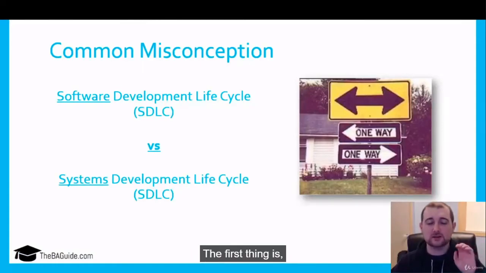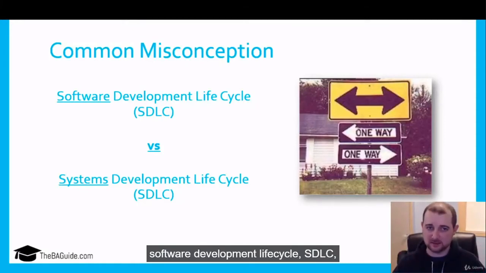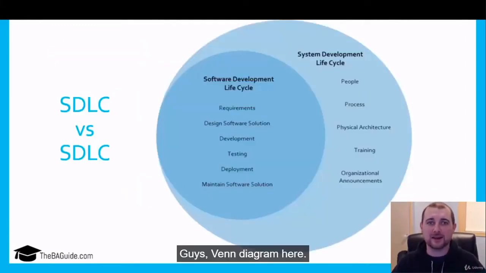The first thing is there's a very common misconception, and rightfully so. There's a term of software development lifecycle, SDLC, and systems development lifecycle, SDLC. Kind of confusing when the acronym's the same and people refer to them both as SDLC, but there are some pretty key differences as we look at them. Get a nice Venn diagram here. So SDLC versus SDLC.